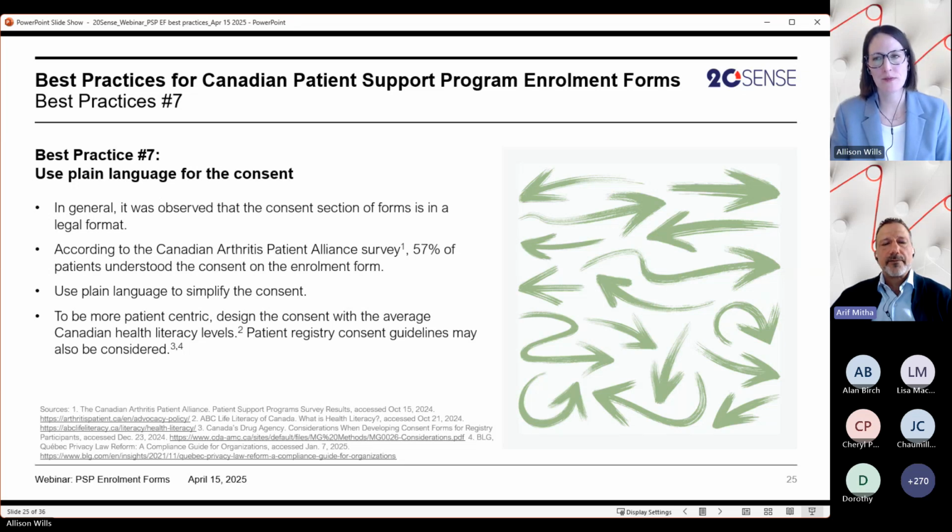Having it in a complex legal format, just because we're doing this other project, what grade level is the wording of the consent? There are ways to check. In the other project, we're hoping to provide everyone a way to grade your consent, like is it good for plain language or not?